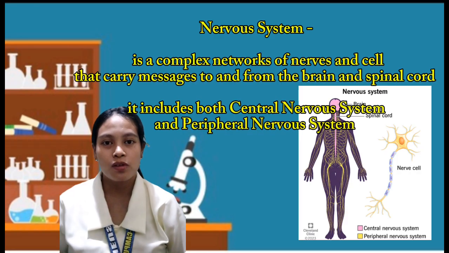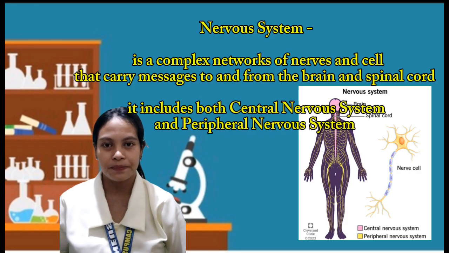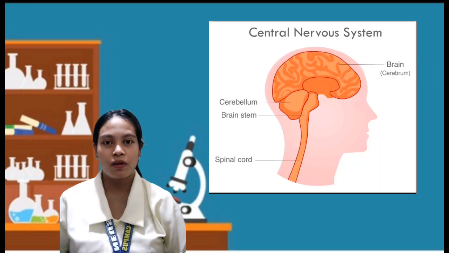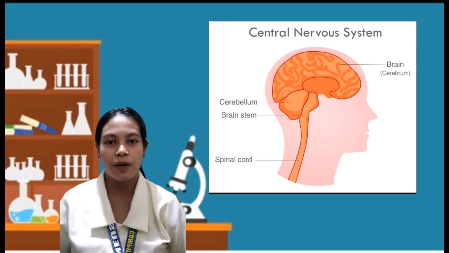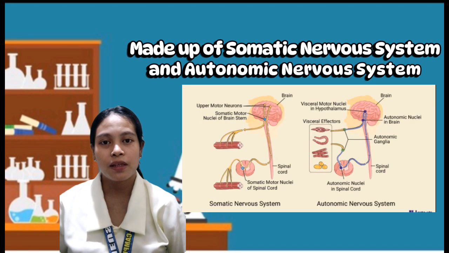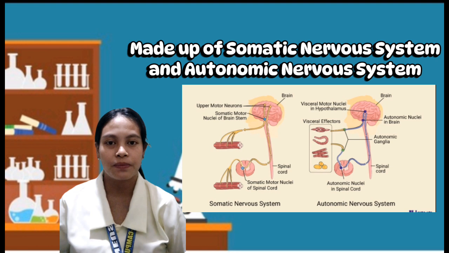It includes both the central nervous system and the peripheral nervous system. The CNS, or central nervous system, is made up of the brain and spinal cord, while the peripheral nervous system is made up of the somatic and autonomic nervous systems.